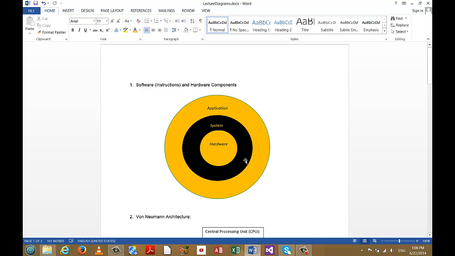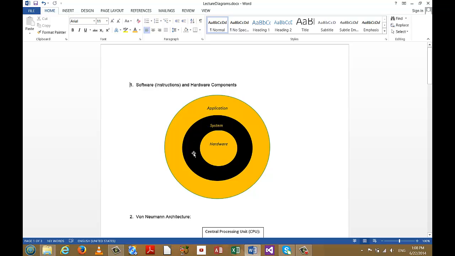So as we think about the operating system, antivirus software, software again that's used to either control or optimize the performance of the hardware or protect the hardware from malicious instructions.